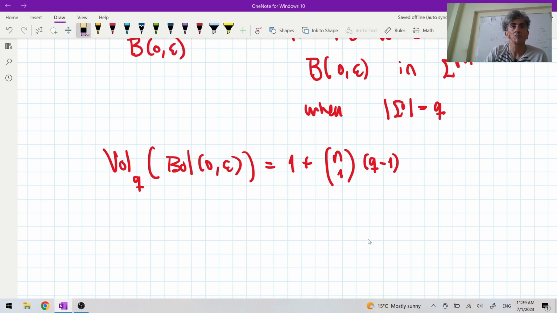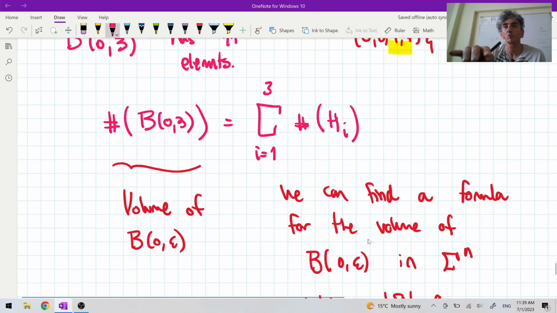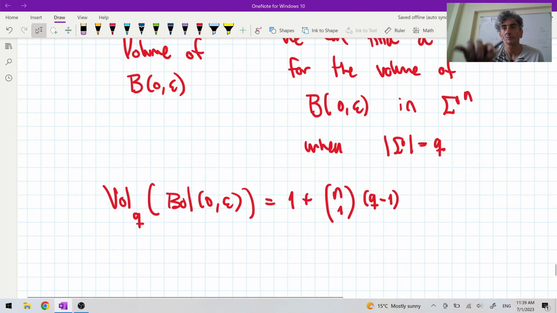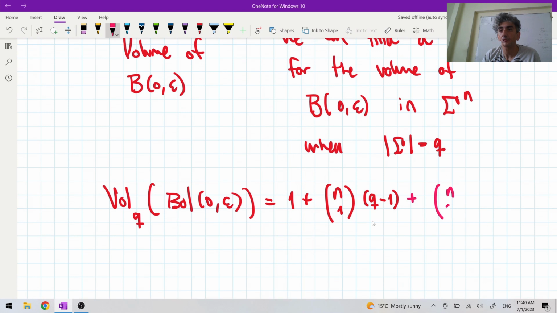Now we need to think of the ones of height 2. Now we need to choose two places. So we're going to add n choose 2, and now we're going to fill in with the q minus 1 remaining elements of the alphabet, 1 in each space. So this is (q minus 1) squared.